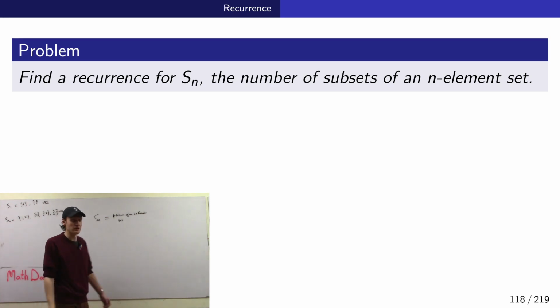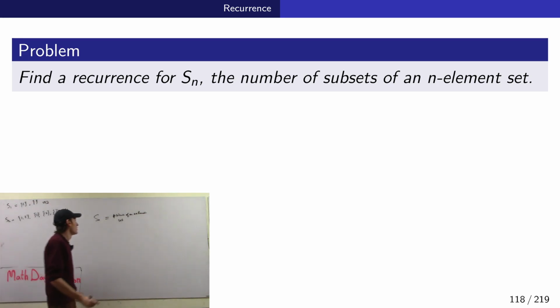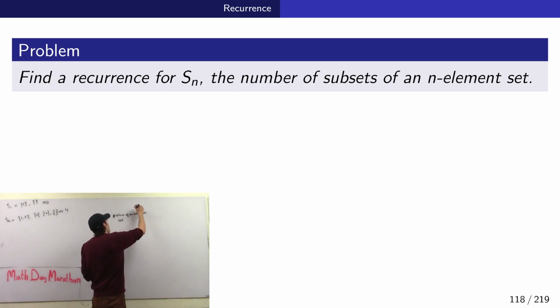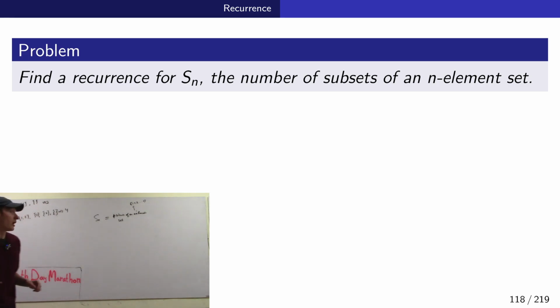That's just the definition of S sub n. And on the other side, we're going to think of it specifically as the n element set. We're going to think of the set 1, 2, 3, up to the number n, as we often like to do. But it really doesn't matter. You can think about any n element set.